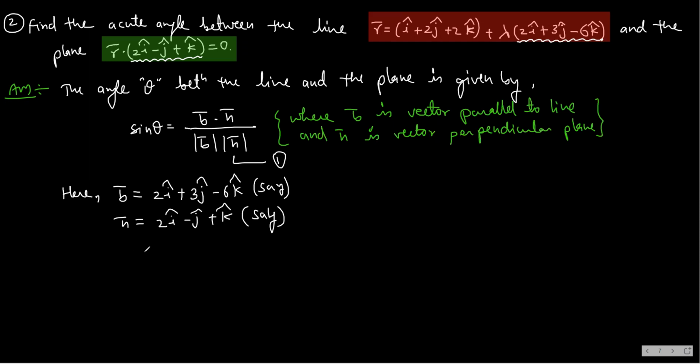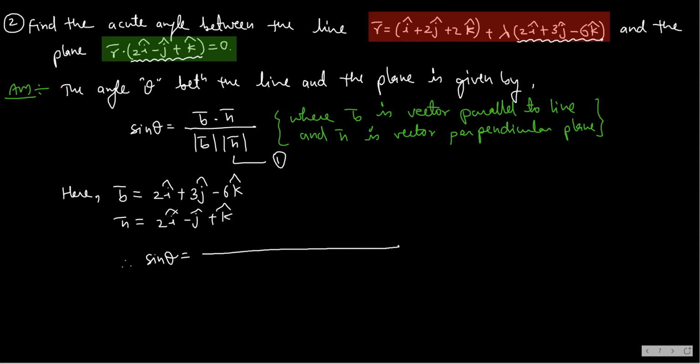So here what I have, therefore, don't write here because we have already written b bar and n bar. So I will write therefore sine of theta becomes b bar dot n bar. B bar dot n bar is this vector dot this vector. What will that be equal to?